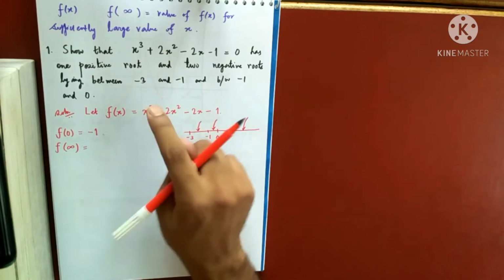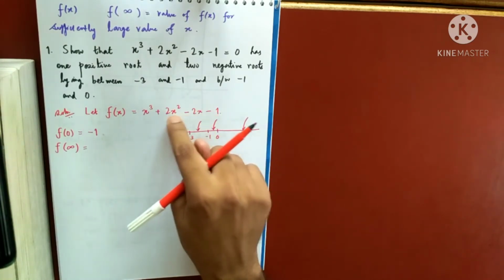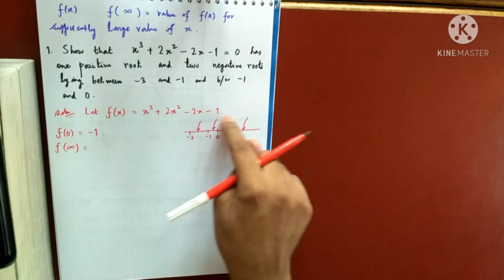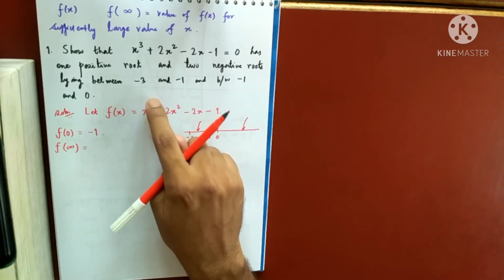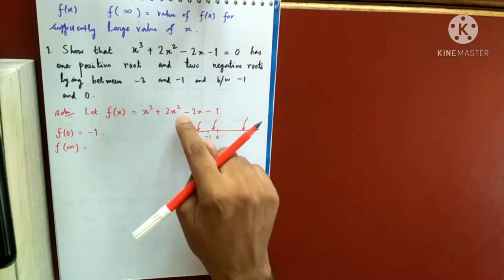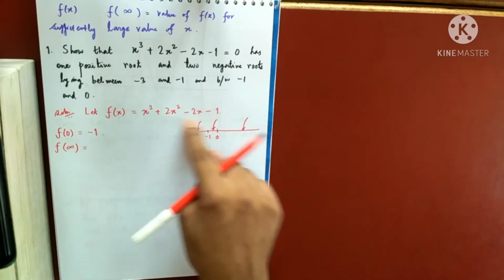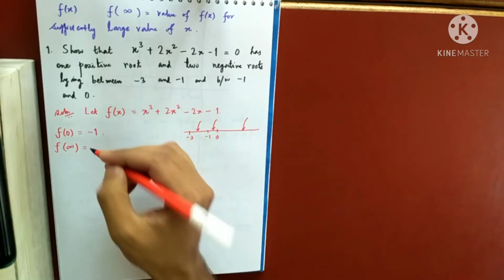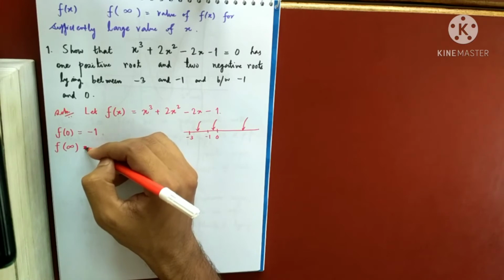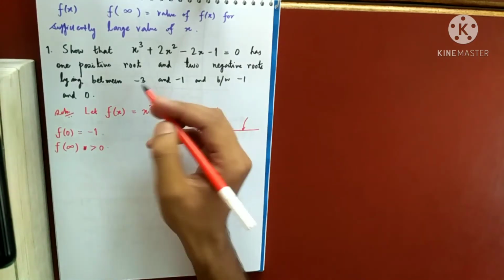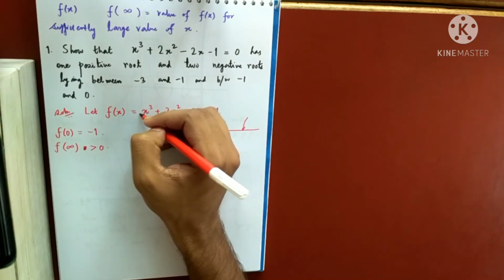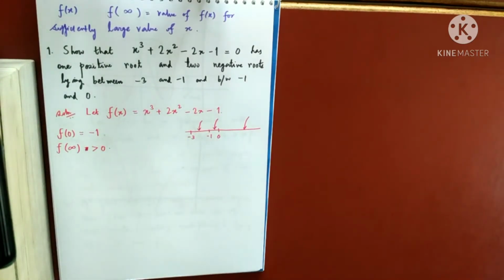So f of infinity will only depend on this term. These are just useless for us. So f of infinity is a positive quantity, because you are taking the cube of a very large number; adding and subtracting these things will not hamper much, only this will matter. So I can just say that it is greater than 0, because this is a positive quantity. Suppose there had been a negative here, then f of infinity would have been negative. Did you understand my point? Why f of infinity is positive in this case?